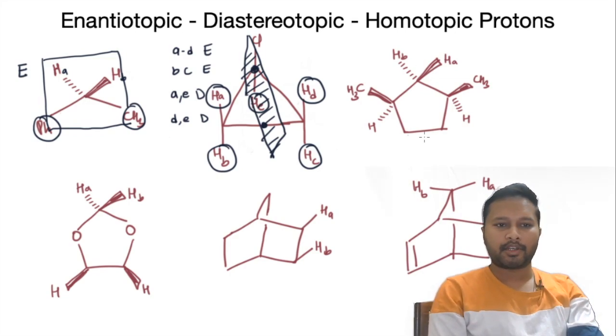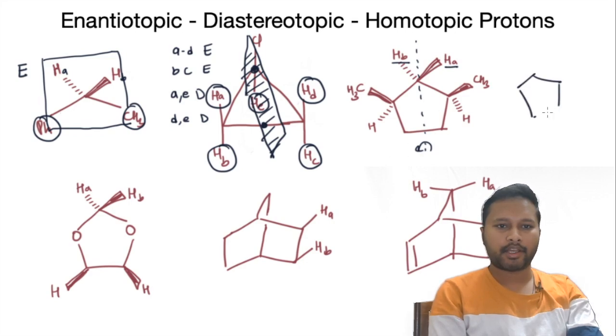If we come to molecule number 3 over here, I'll show the relation between HA and HB. How to do that? You cannot rotate this molecule. Why? Because if you think that I'm going to rotate this molecule, after rotation you will get something like this: these two hydrogens will come above the plane and your CH3 will go below the plane, because we have done a 180-degree rotation, right?